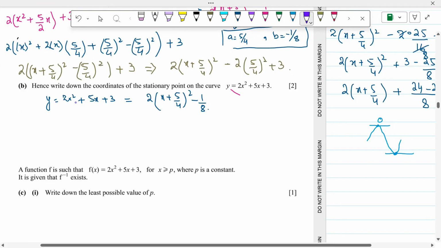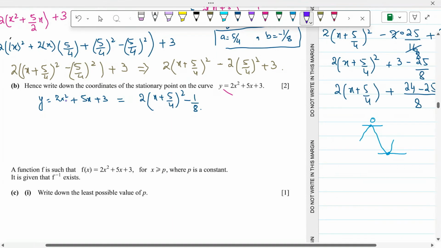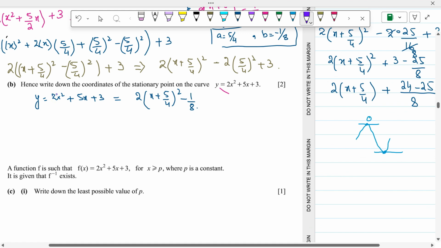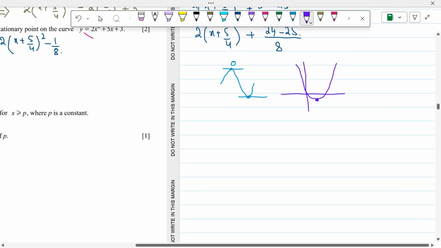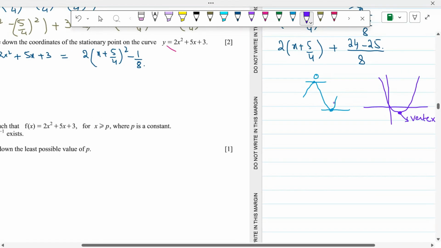This is the quadratic equation, and we know that the coefficient of x² is a, and in this case a is 2, which is positive. So when we have a positive quadratic, the graph will open up. This point, the vertex, is also the stationary point of the quadratic.